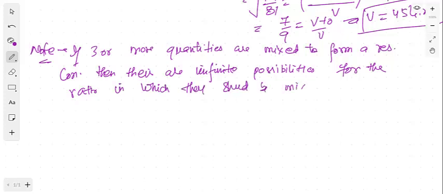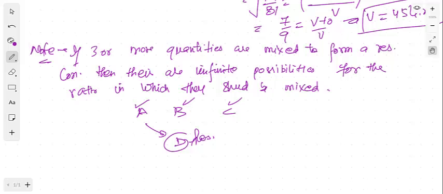What is meant by this statement? If A, B, C, three or more quantities, are mixed to form some resultant, let us say D, then how many combinations can form that particular D? Those possibilities will be infinite.